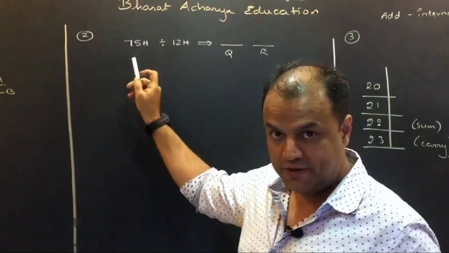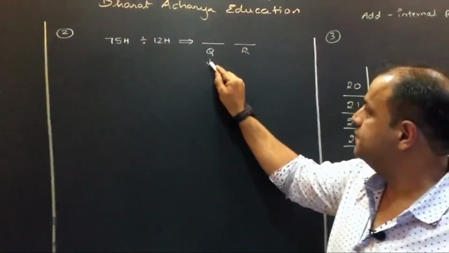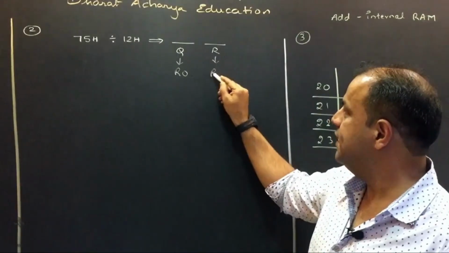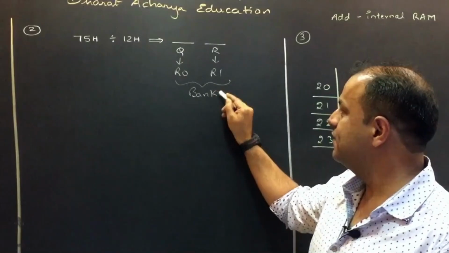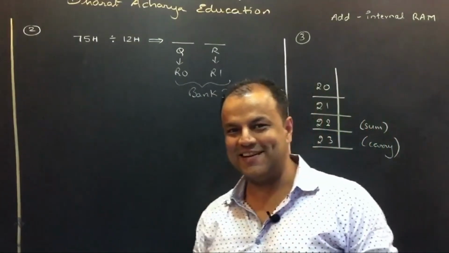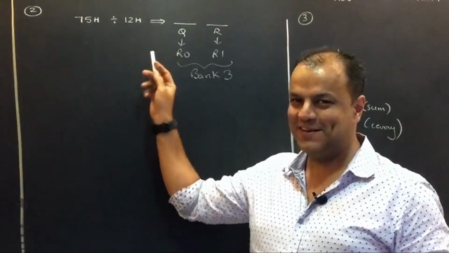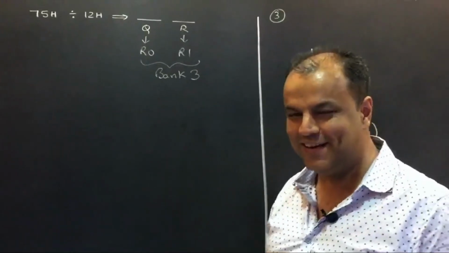Divide the numbers 75 by 12. Store the quotient in R0 and the remainder in R1 of bank 3. Did you understand the question?